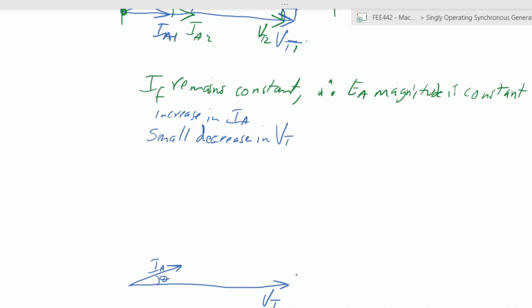So IA at a leading power factor would tend to have a value of JXSIA 1. Okay, IA 1. And in this particular case, your EA would be somewhere here, right?